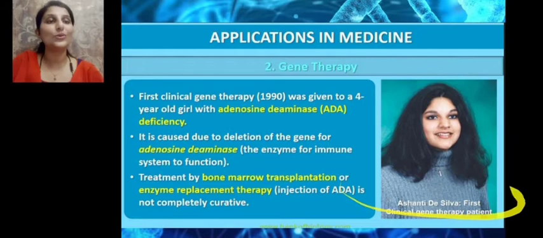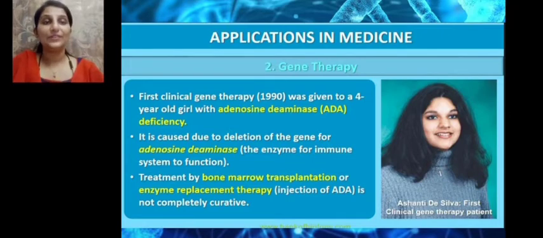ADA deficiency is caused by the deletion of the gene which codes for adenosine deaminase. What is the importance of this enzyme? It plays a very important role in the immune functioning of the body.